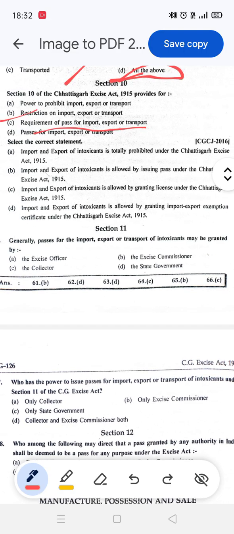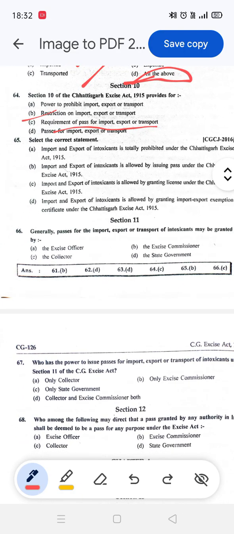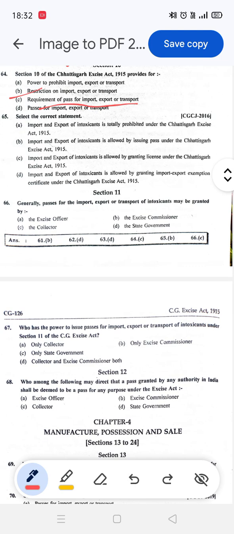So let's read the statements. Option A: Import and export of intoxicant is totally prohibited under the Chhattisgarh Excise Act 1915. Option B: Import and export of intoxicants is allowed by issuing pass under the Chhattisgarh Excise Act 1915. Option C: Import and export of intoxicants is allowed by granting license under the Act.